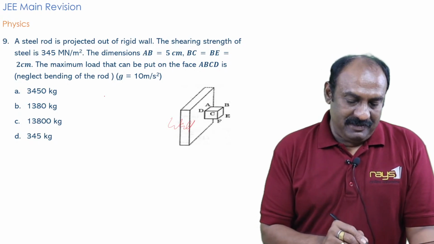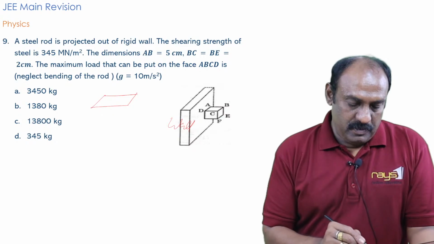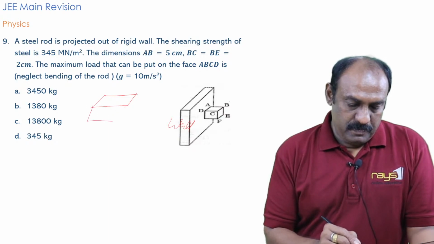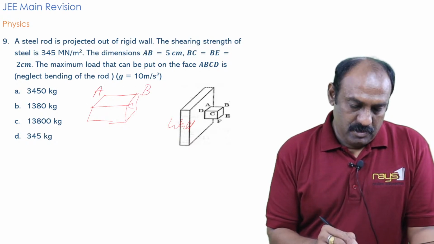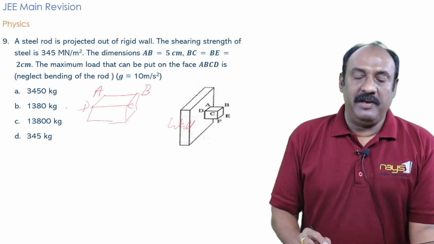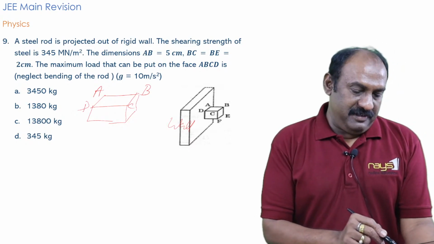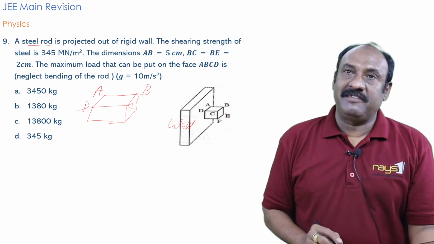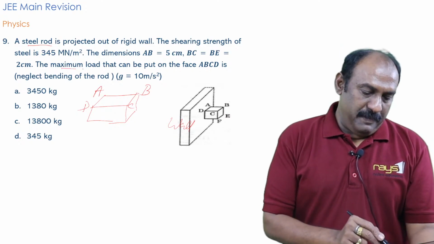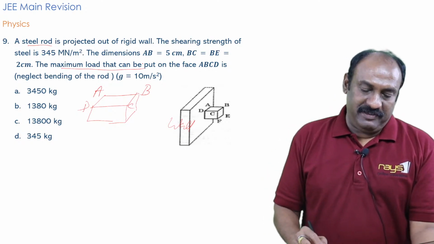Here in this case, ABCD is the face of the steel rod. So it is the upper face of the steel rod. So now what is the maximum load that can be put on face ABCD?